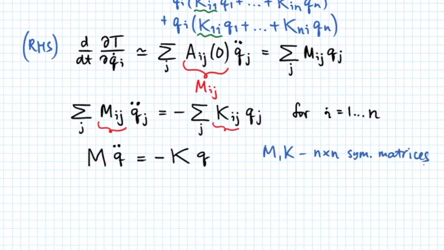We can readily identify M as the mass matrix and K as the spring constant matrix, and Q, the generalized coordinates, is an n-column vector.